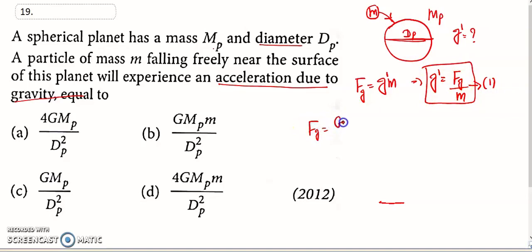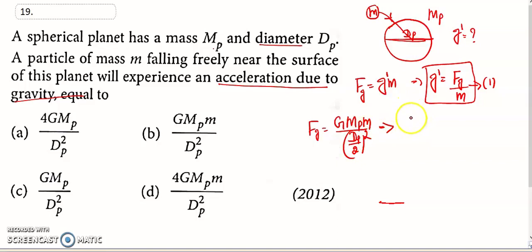Gravitational force is equal to G, the mass of the planet mp, multiplied by small m, divided by the distance squared. The distance is the diameter by 2, so diameter divided by 2, whole square.